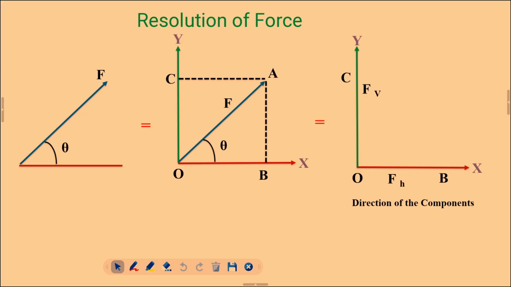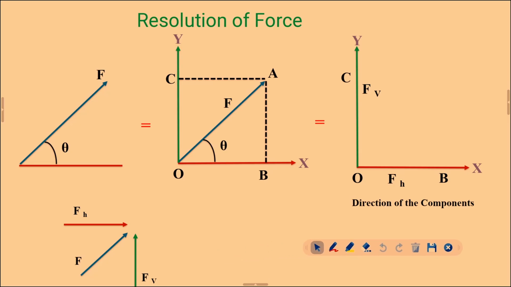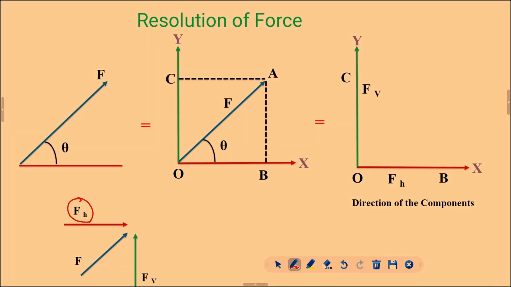Now we are dealing with the direction of components, that is OB, OC, the horizontal and vertical forces. In this, finally we found the horizontal force like this. So, the horizontal force is represented in this direction, left to right, and then the vertical component we found is in this direction, green line, F suffix V.